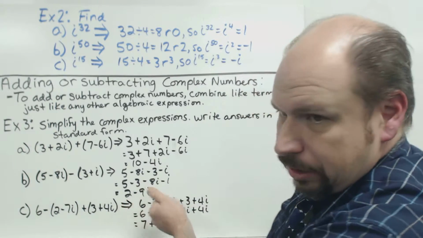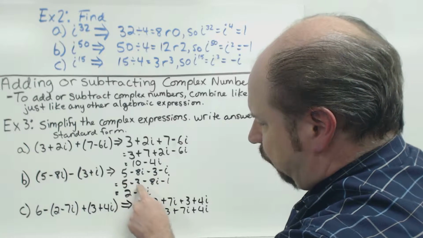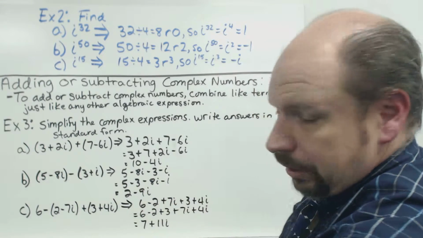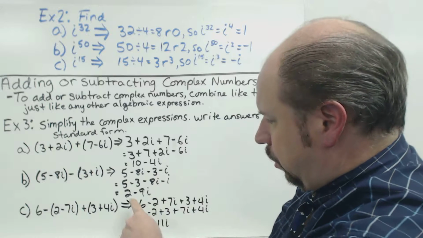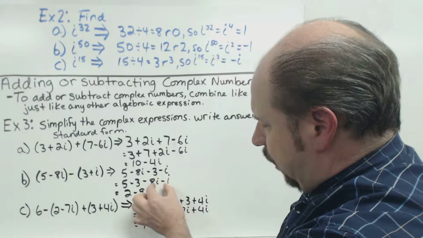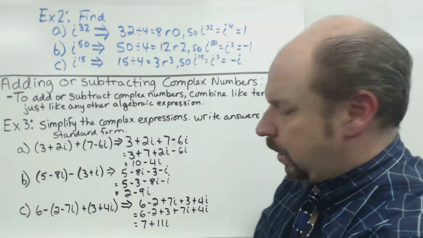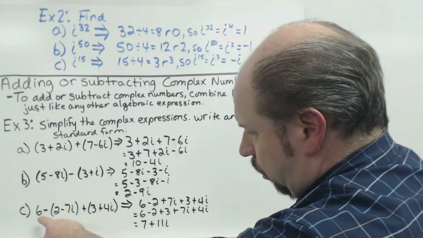And once again, use that commutative property to switch some things around. So 5 - 3 - 8i - 1i, or just i, gives us 5 minus 3 is 2, negative 8 minus 1 is negative 9. So 2 - 9i.